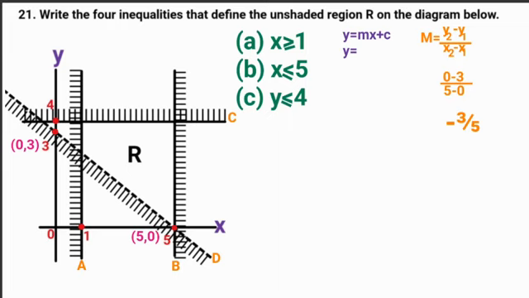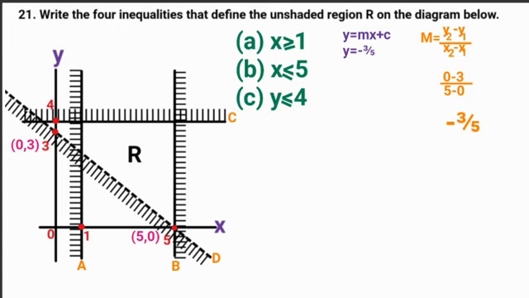We complete this equation now, because remember we want to come up with the equation that will define this straight line. So where there is m, we're going to put negative 3 over 5.